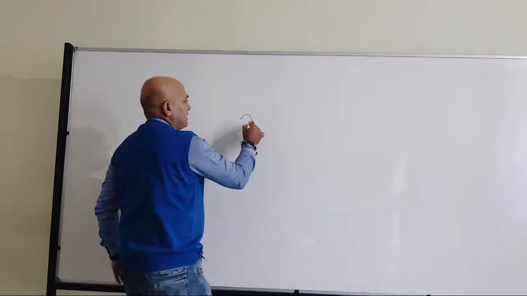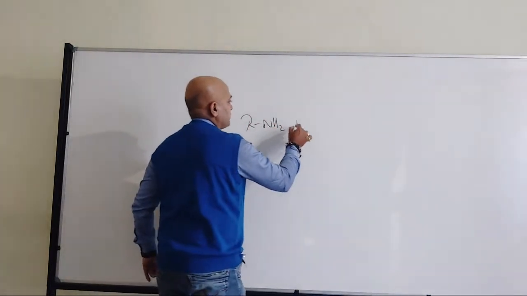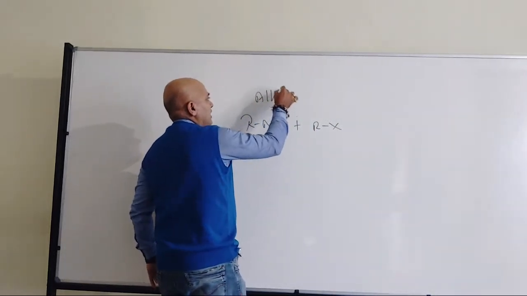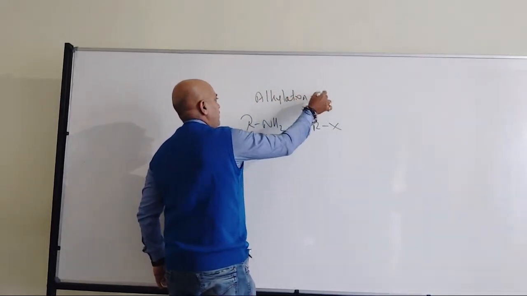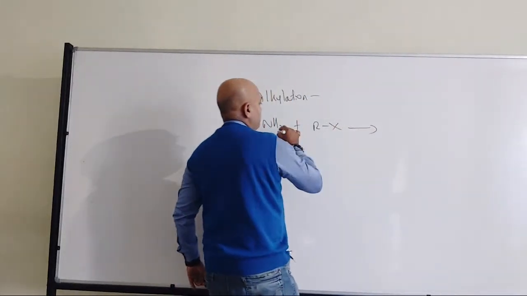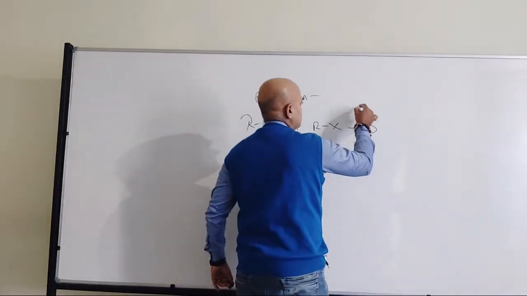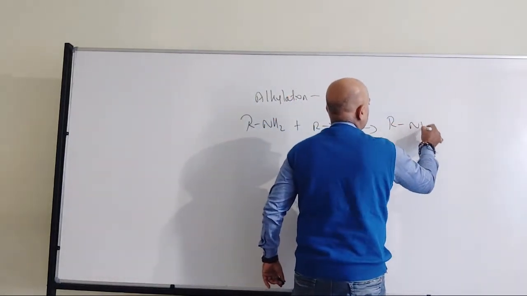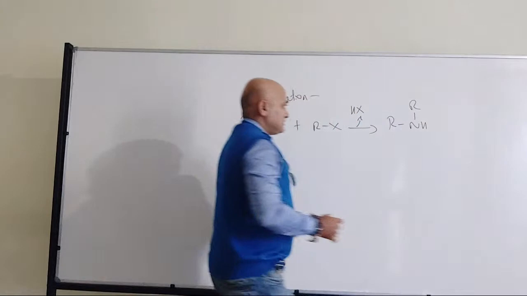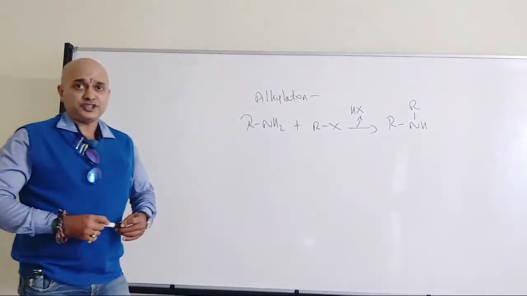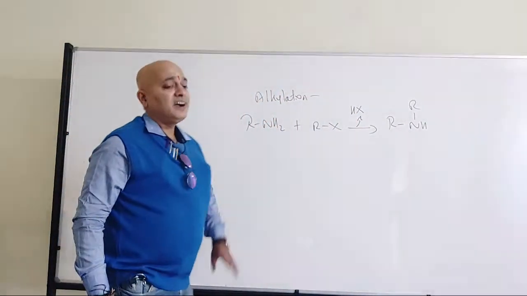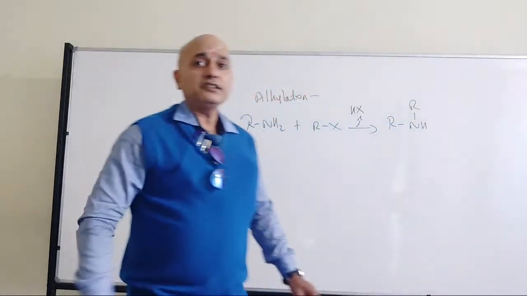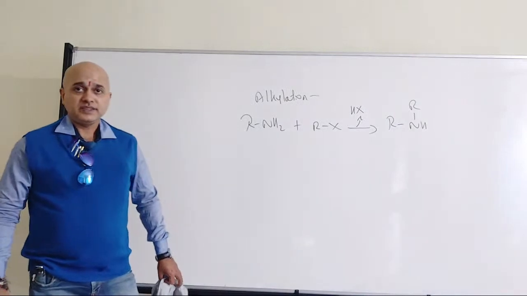For example, I have RNH2. If I treat with the alkyl halide, I am talking about alkylation reaction. Now what will happen? One H, one X here, so HX is going to get released. Now the product will be R. So this is nothing but alkylation. So amines can be alkylated by using alkyl halides.